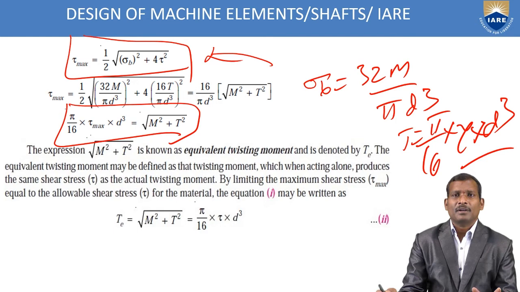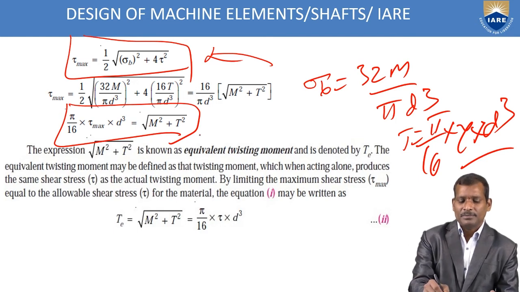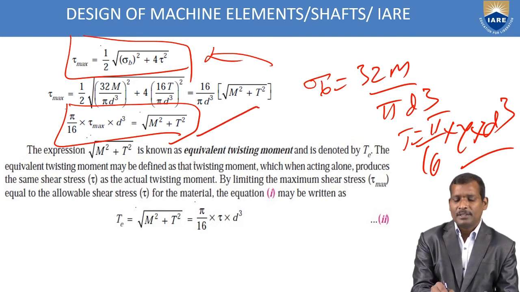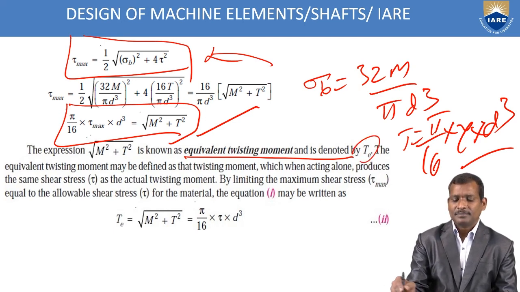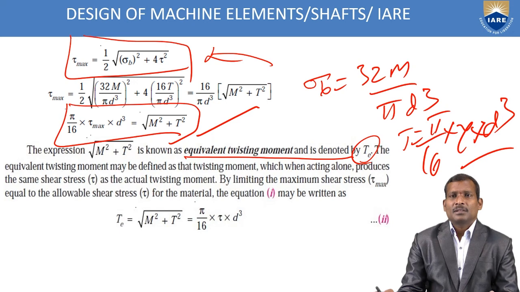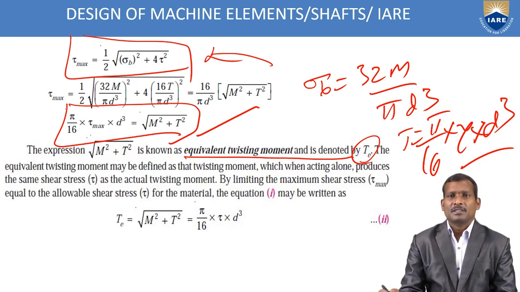This square root of M square plus T square term is known as equivalent twisting moment. It is denoted by Te. In this equivalent twisting moment, M square plus T square, M is a bending moment and T is torsion or torque.